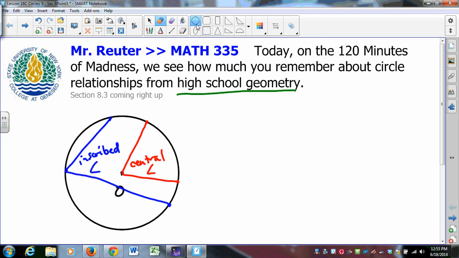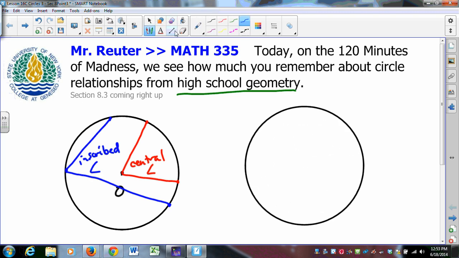If you did high school geometry for any length of time, you had the picture of a central angle and an inscribed angle with those two endpoints, and the inscribed angle had to be half as big.